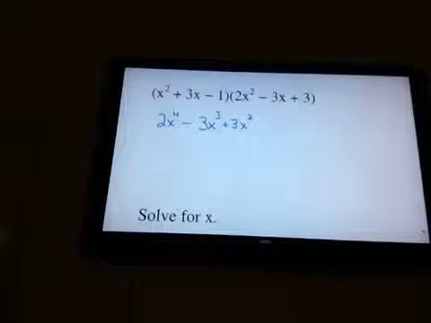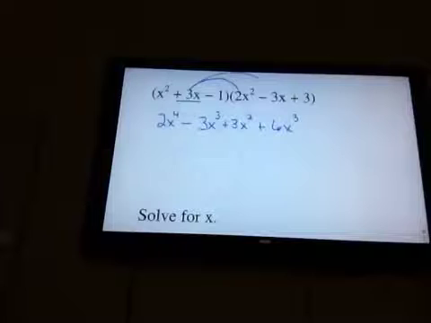And now my 3x. 3x times 2x squared, positive 6x to the 3rd. 3x times negative 3x. We're multiplying, don't forget, not adding there. Negative 9x squared. And then 3x times 3, 9x.